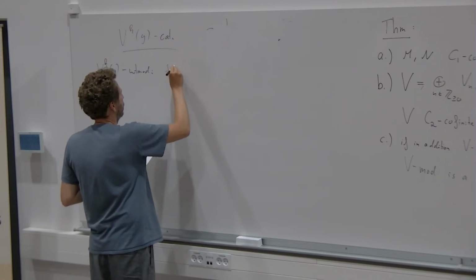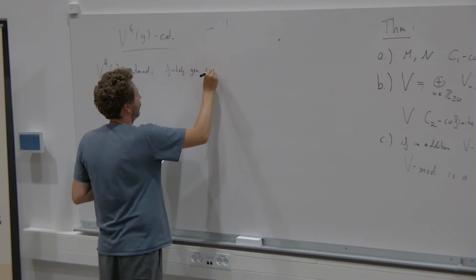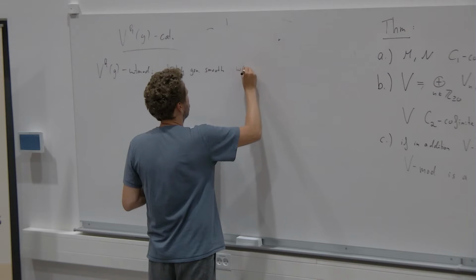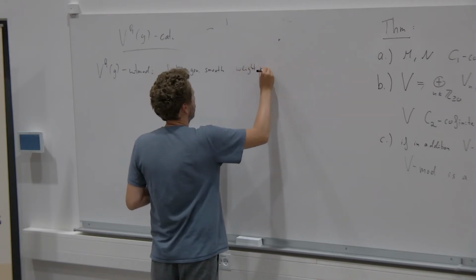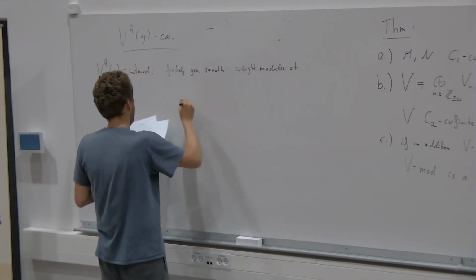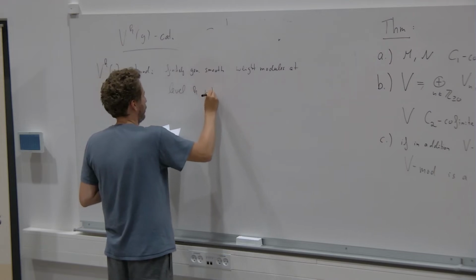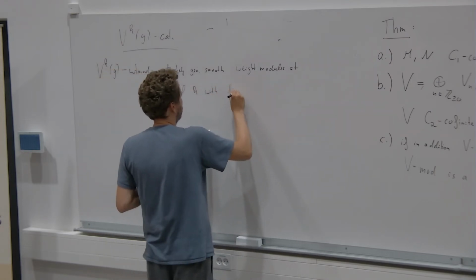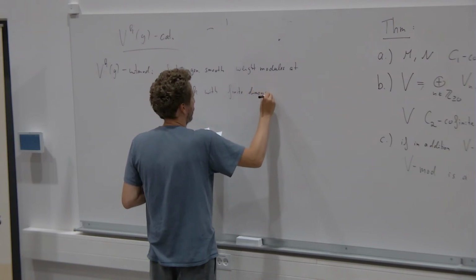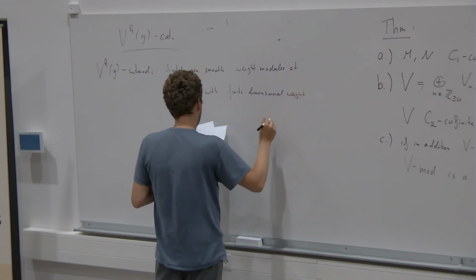These are the big category. We want to have finitely generated smooth weight modules at level k with finite dimensional weight spaces.